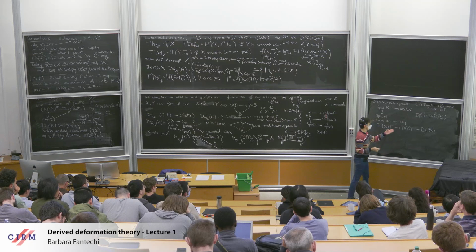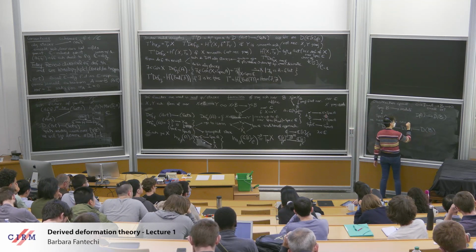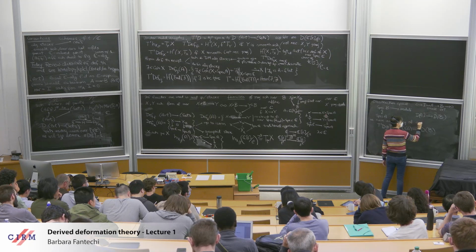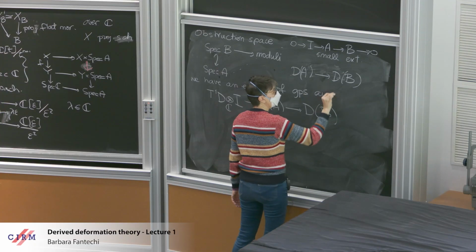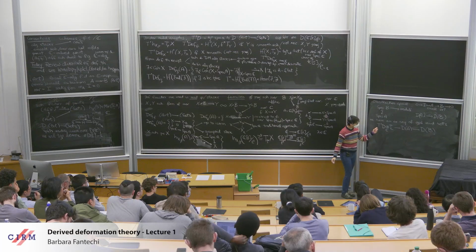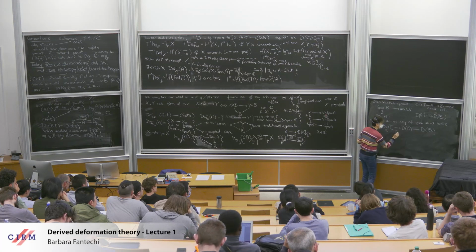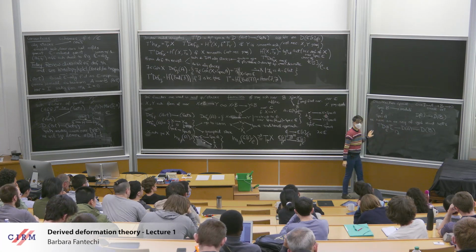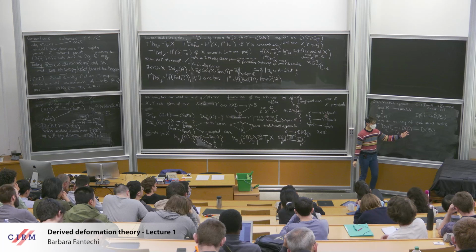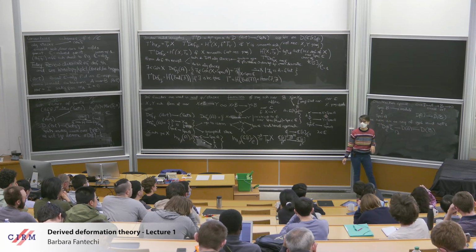So what does this even mean? This is an abelian group, but these are sets. So this is an exact sequence of groups and sets. What it means is that this group acts on this set, and that two elements here have the same image if and only if they are in the same orbit.